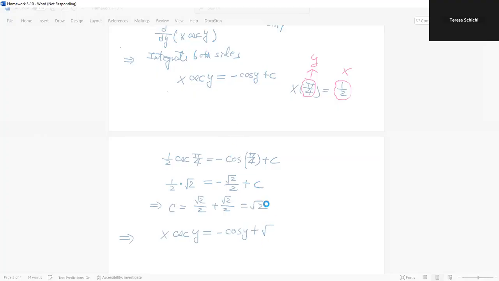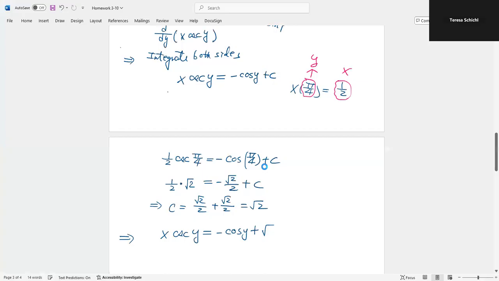That will be my final answer. Of course, you can change it to x equal by dividing by the cosecant on both sides. You can do that, or you can just leave it like this. That would be fine here.